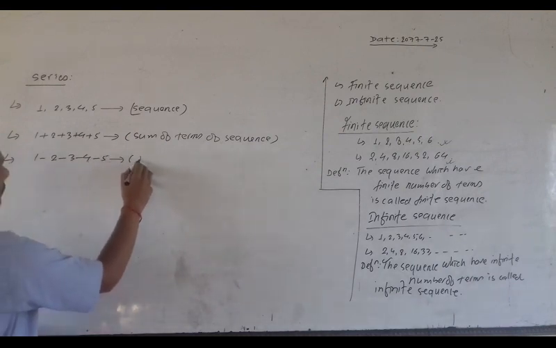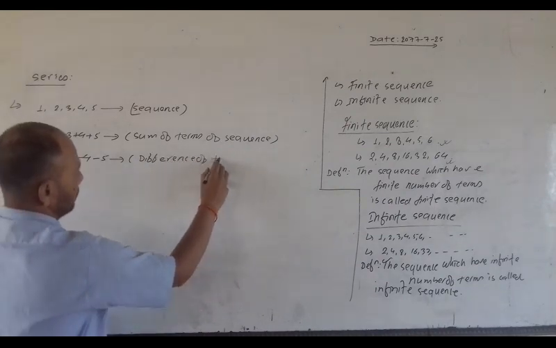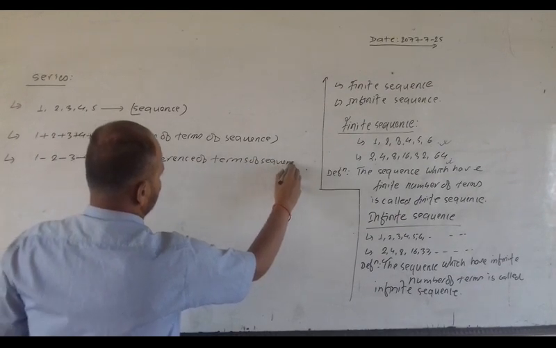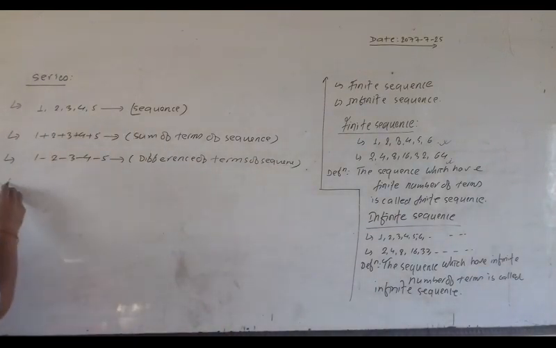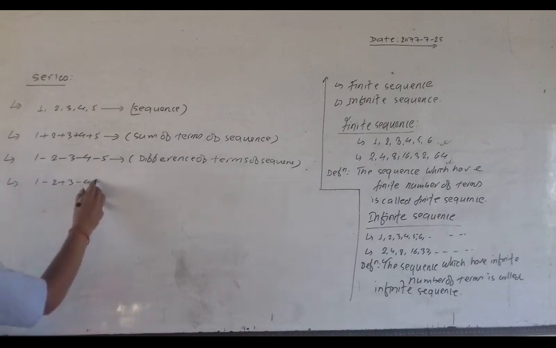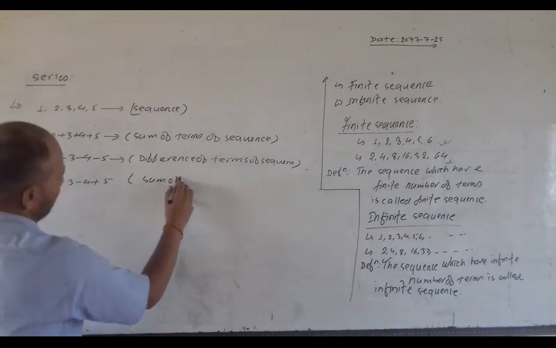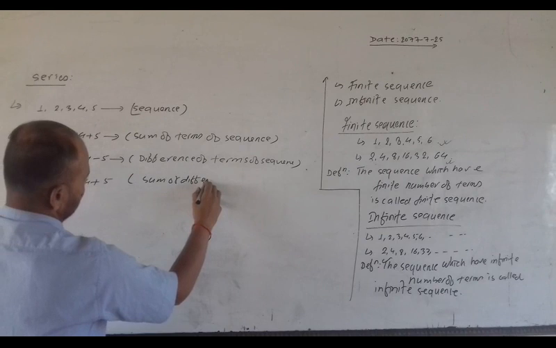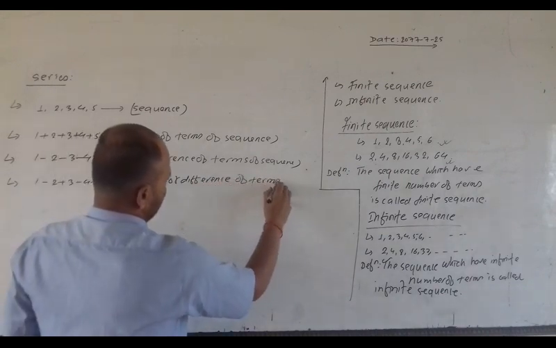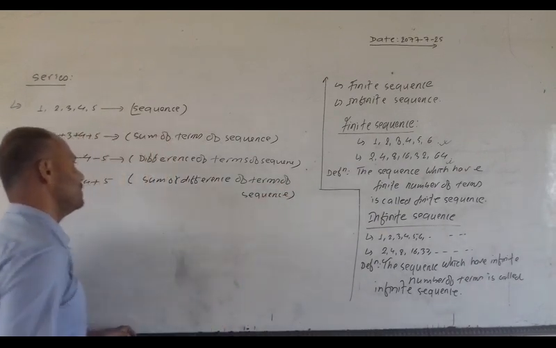This is what? Difference of terms of the sequence. And another one: 1 minus 2 plus 3 minus 4 plus 5. Here sum and difference of terms of the sequence.